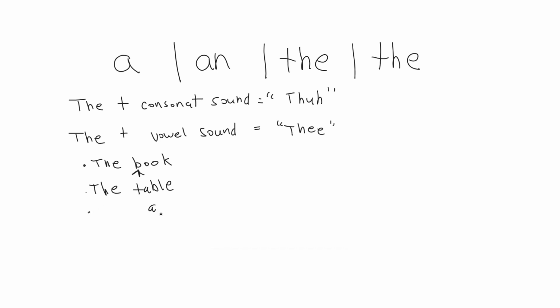What about this word apple? Is it the apple or the apple? It's the apple. Here is the vowel. And what about umbrella? Is it the umbrella or the umbrella? Well, it's the umbrella.